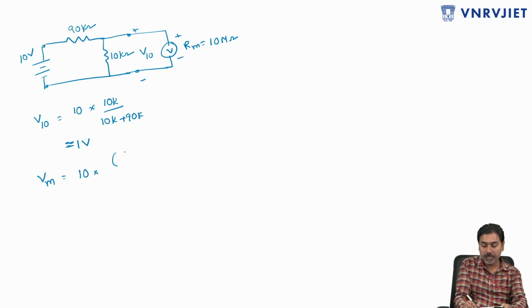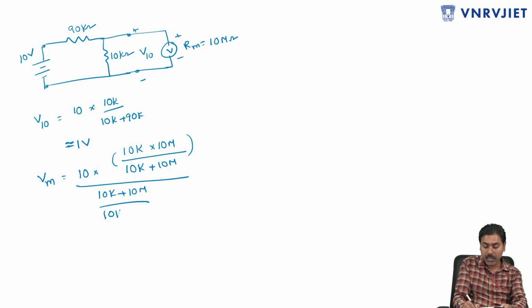Therefore, it is the parallel combination of two resistances, 10k into 10 mega ohm divided by 10k plus 10 mega ohm, whole divided by the same 10k plus 10 mega ohm parallel combination plus 90k. When we calculate, this will be approximately 0.99 volt.